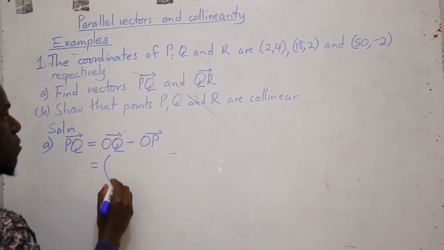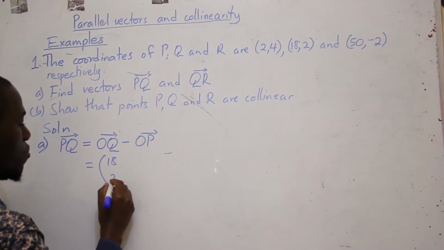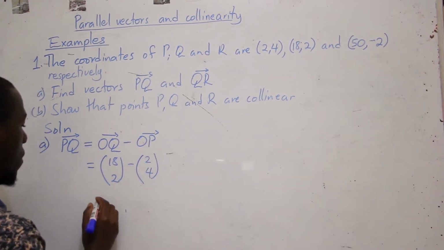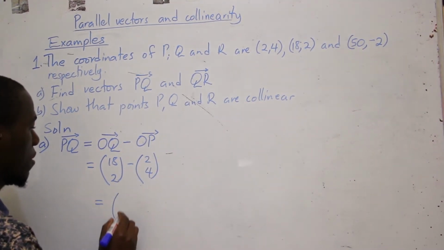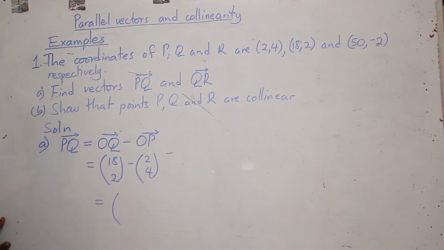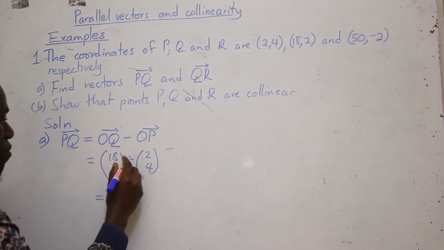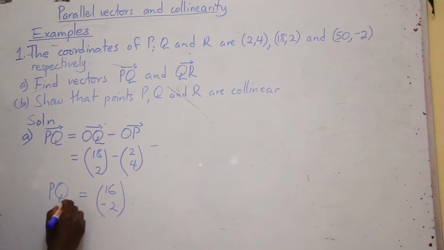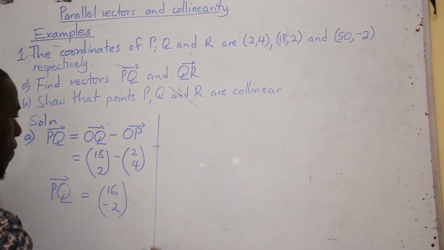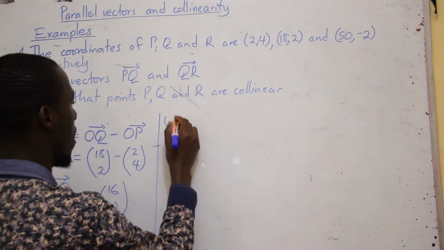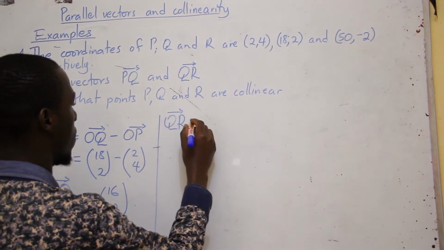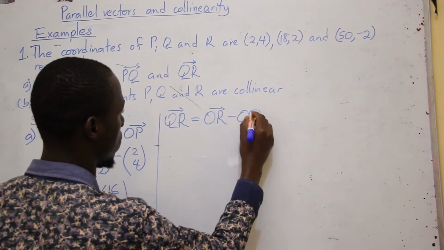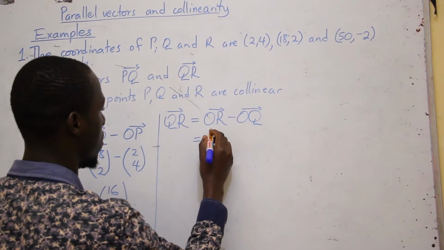Then when I substitute, that is going to be 18, 2 minus 2, 4. When I subtract, I get 18 minus 2, that is 16, then 2 minus 4, that is negative 2. So that is my vector PQ. Then to find my vector QR, this is going to be OR minus OQ.